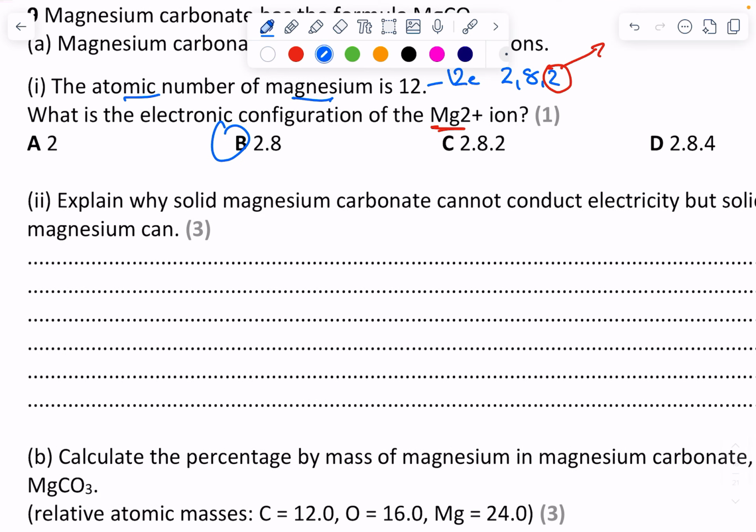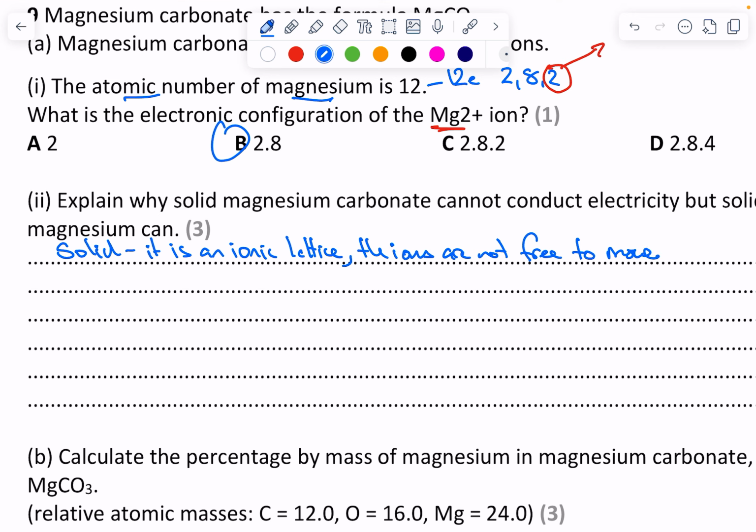Next one, explain why magnesium carbonate cannot conduct, but solid magnesium can. So what we say here is the solid form is an ionic lattice, and that means that the ions are not free to move.